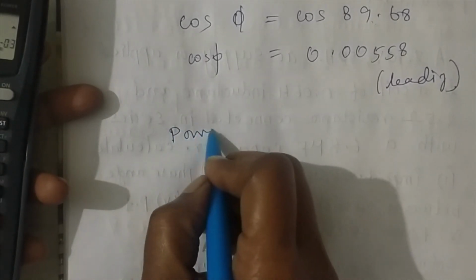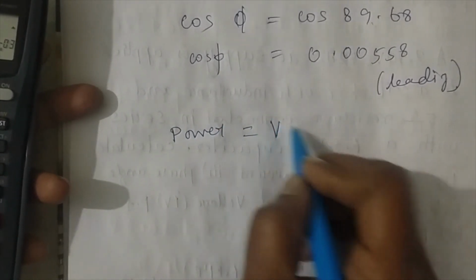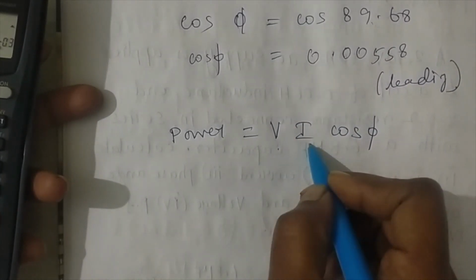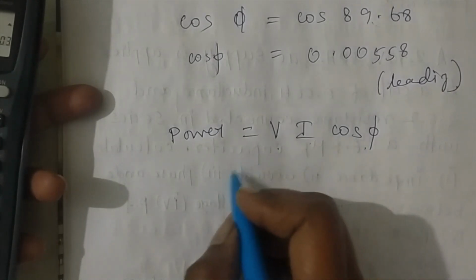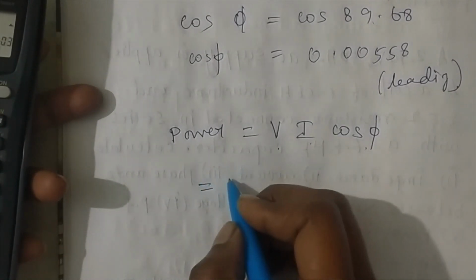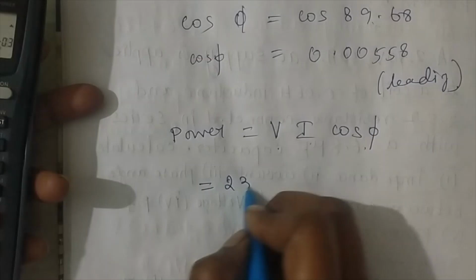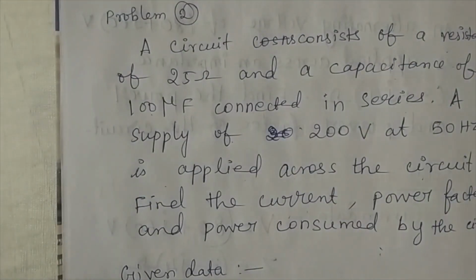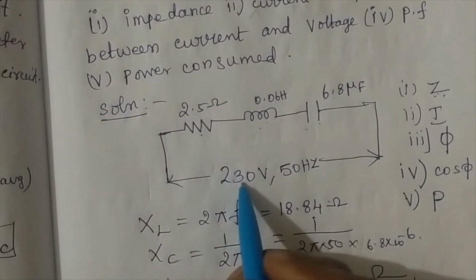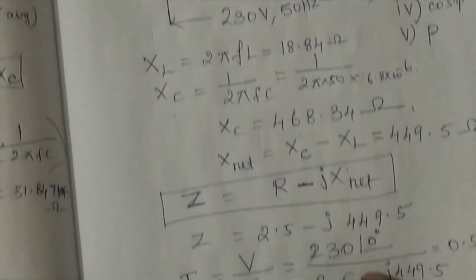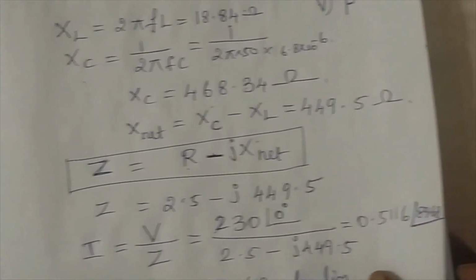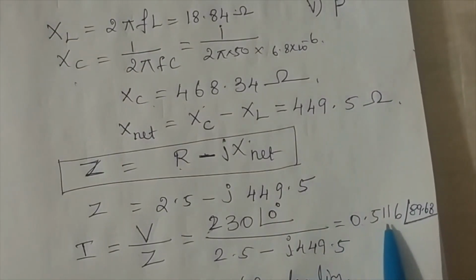Then next we have to find the power. Power is equal to V into I into cos phi. So voltage magnitude, current magnitude and power factor. The voltage magnitude in that problem, the given data, is 230 volt. Then the current we have found is 0.5116.